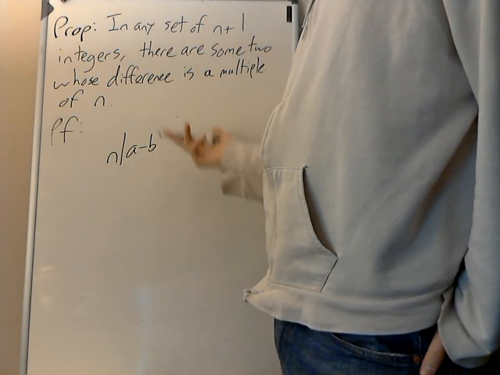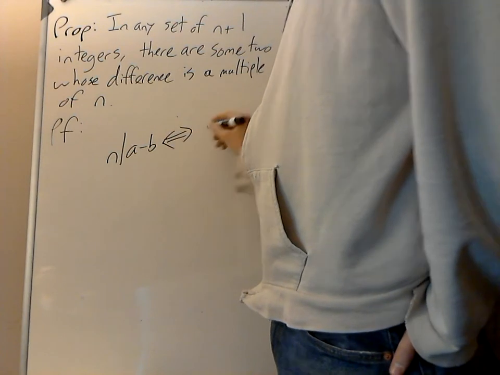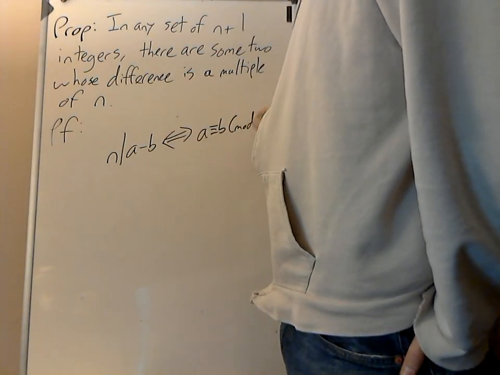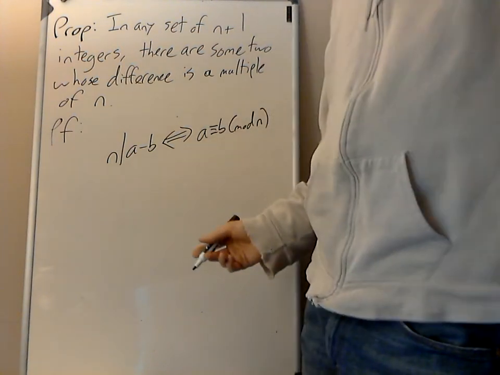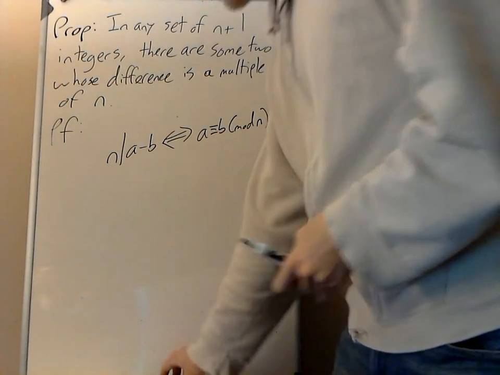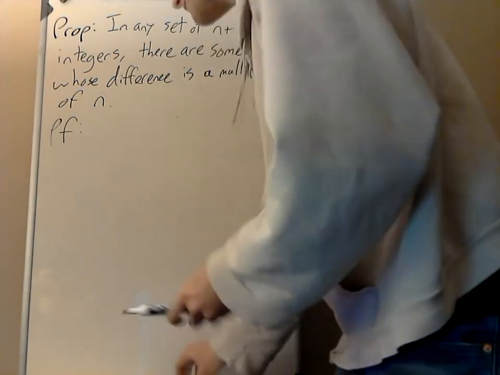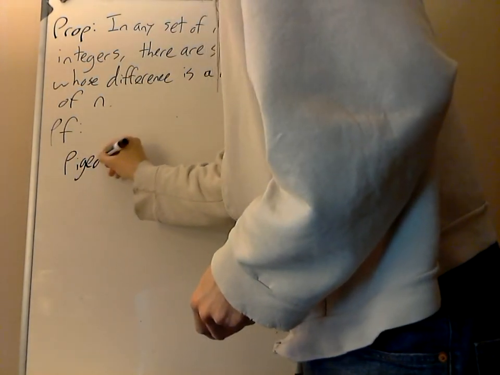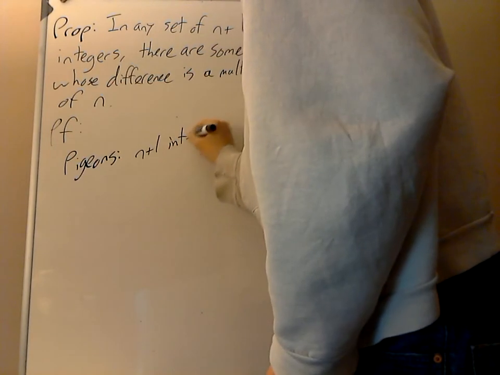But remember that this condition is exactly the same as a congruent to b mod n. So here we have an excellent candidate for our pigeonholes. So we'll say pigeons, the n+1 integers.